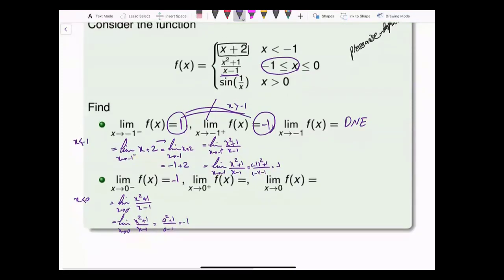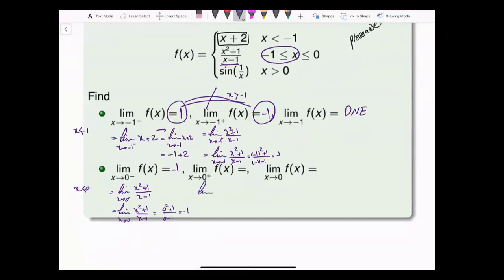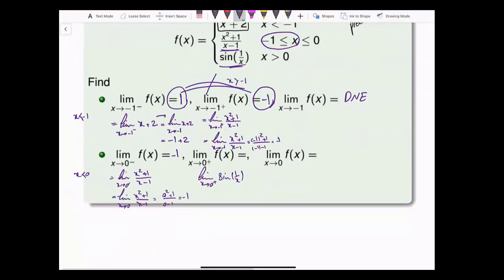For the right limit, we will consider the limit as x approaches 0 plus, and the function in that domain is sine of 1 over x. Sine of 1 over x is the one function that you have to know does not have a limit. So this does not have a limit at 0. It starts like this and goes down, goes up, gets crazier as we get closer to 0, and doesn't approach any number.